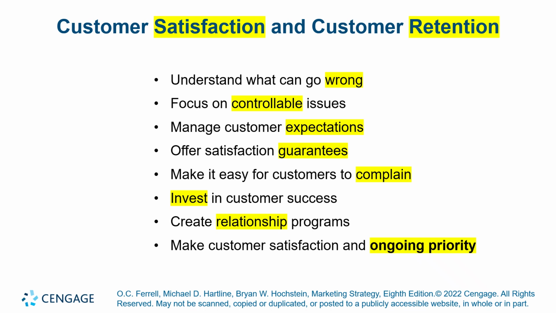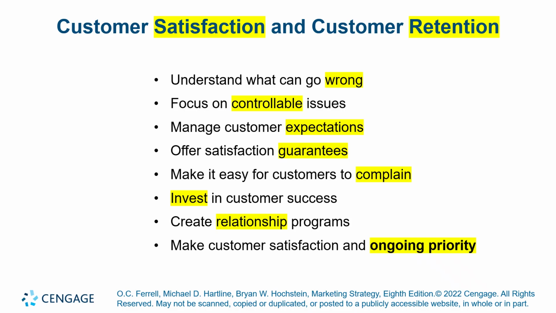Customer satisfaction and customer retention. How do you keep your customer satisfied and retain your customer? You need to understand what can go wrong. You need to focus on controllable issues. You need to manage customer expectations, offer satisfaction guarantees, and make it easy for customers to complain.